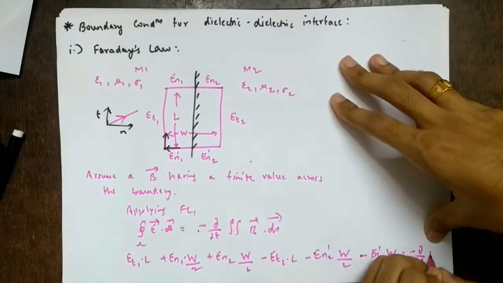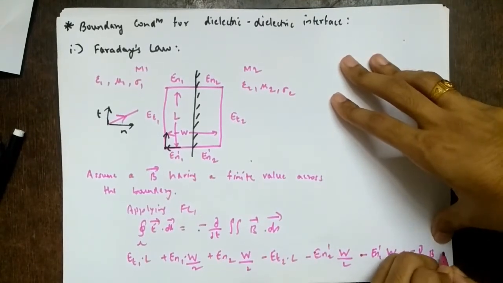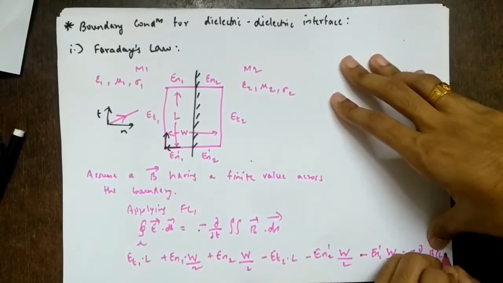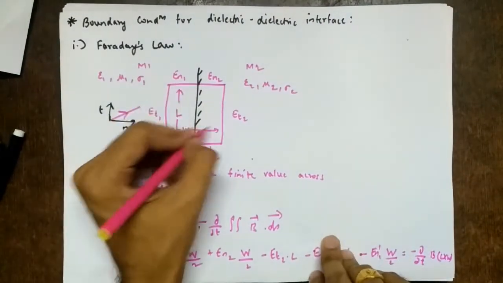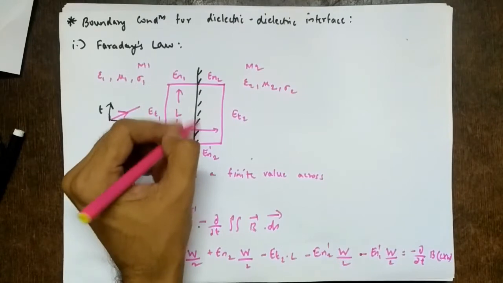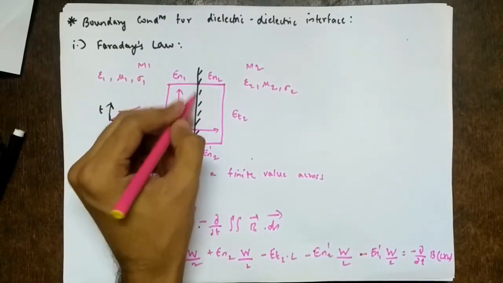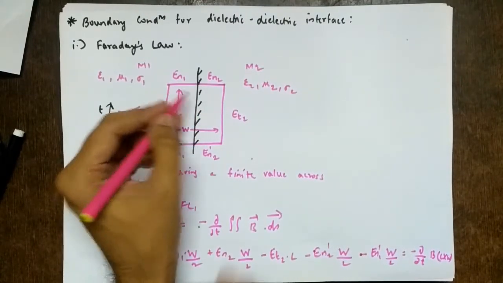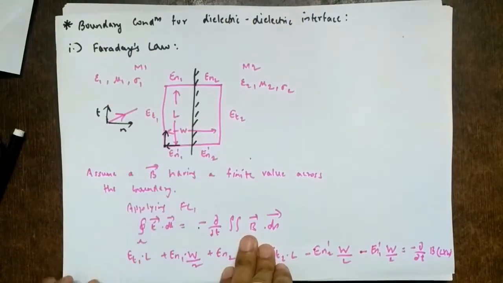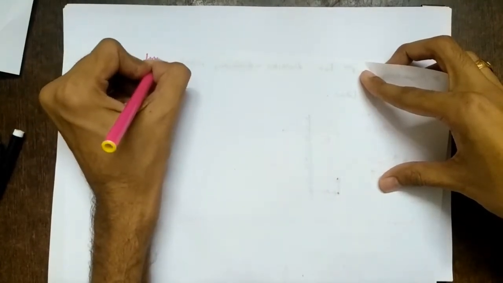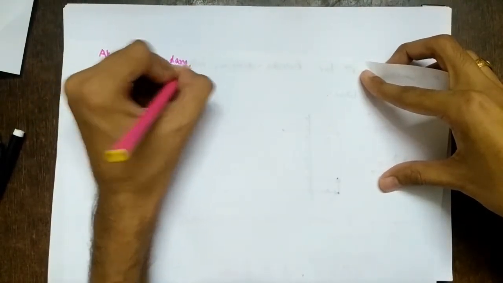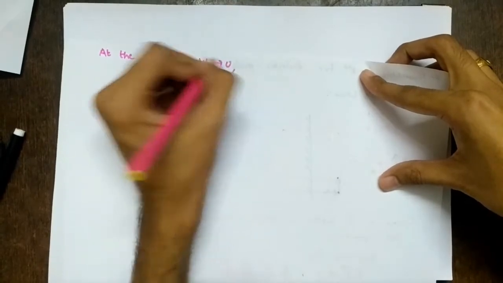And B will be as it is, and ds will be the area of the rectangle, so L into W, right? But we are interested only in what is happening at the boundary. At the boundary, what will happen? The width will go to 0. So at the boundary W tends to 0.